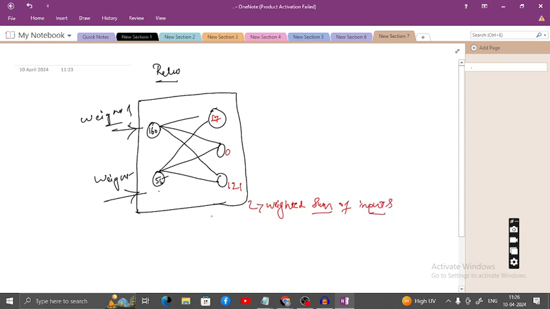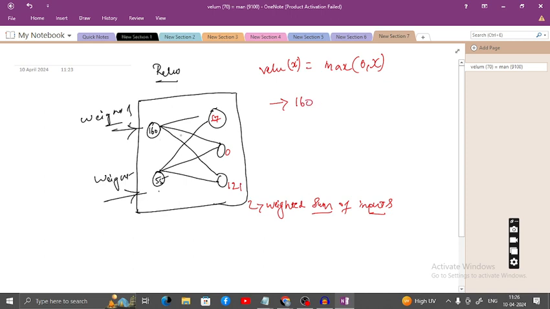What is actually the ReLU definition? ReLU of any function x, I will call it max of 0, x. If it is a positive value, the max value will be the output. So for example, what is the weighted sum of inputs?